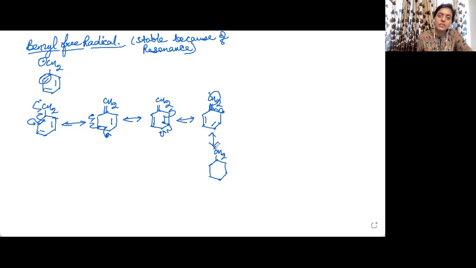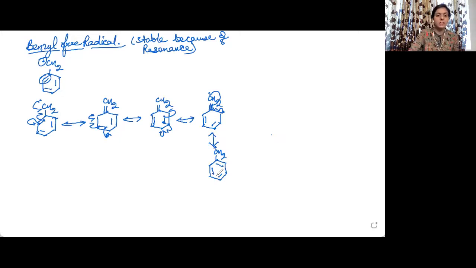So it will lead to the decrease in energy of this free radical. So it leads to the stability of the free radical. Okay, so here will be the bond. So this is how we explain the stability of benzyl free radical.